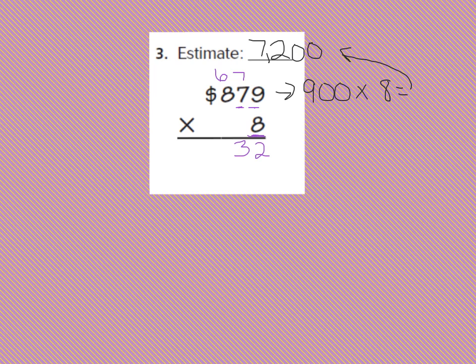Now I'm going to multiply my 8 times my hundreds. 8 times 8 hundreds is 64 hundreds. Plus 6 more gives me 70. So now my answer is 7,032, and as you can see, my product is close to my estimate, so it's reasonable. 7,032 is close to 7,200.